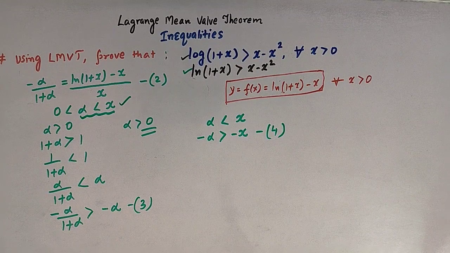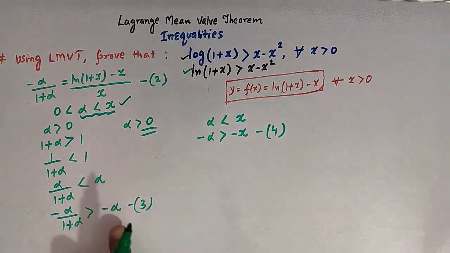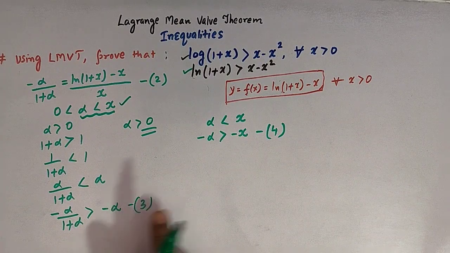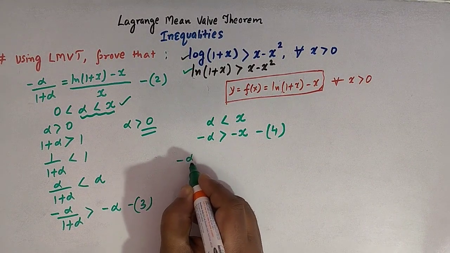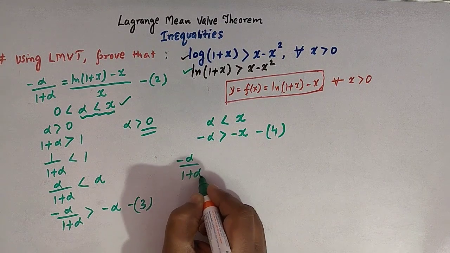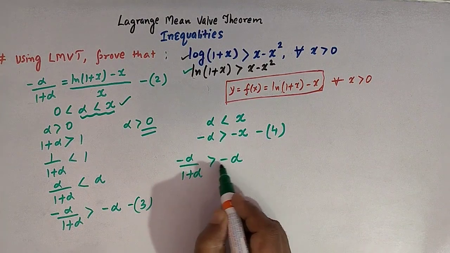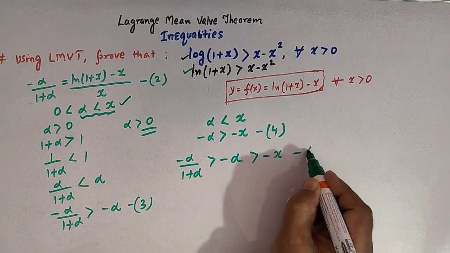Okay, now if we merge these two inequalities, right? So if we merge inequality number 3 and 4, then what we will get: minus alpha over 1 plus alpha is greater than minus alpha, and minus alpha is greater than minus x, right?